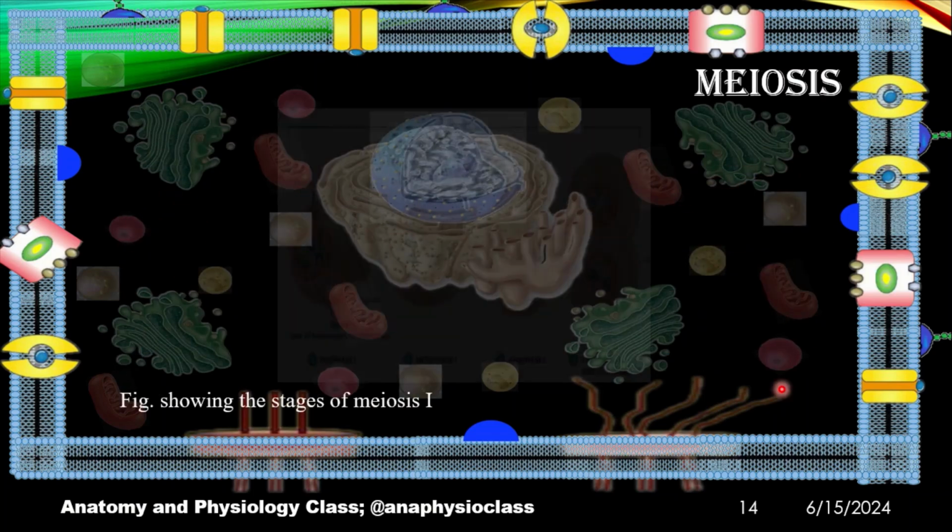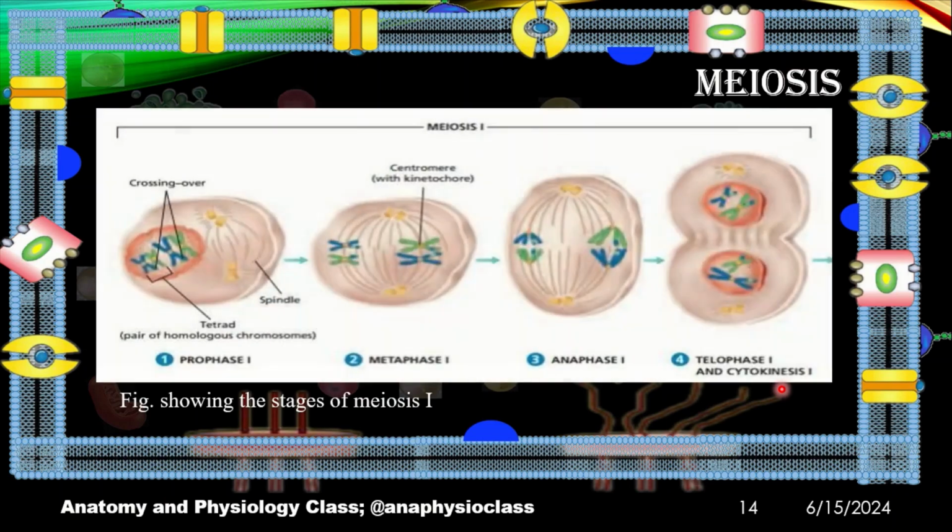And meiosis. So as we said, meiosis is a type of cell division that occurs in germ cells, whereby a cell divides to produce cells with a haploid number of chromosomes, and it requires two rounds of cell division.